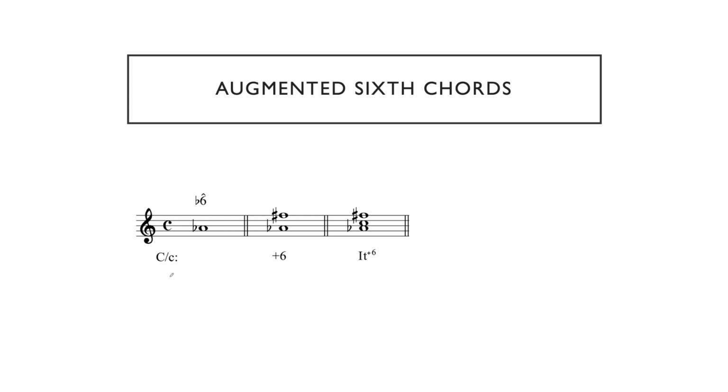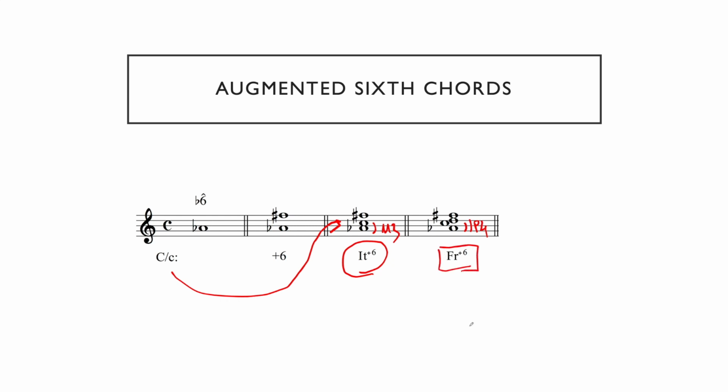Some books, for example Kostka, say if we add the tonic note, we are in C major or C minor, and we add C. Or you can notice that this is a major third here. This is the Italian augmented sixth chord. If we add also the second degree, or you can notice that was a major third and now a perfect fourth, then it is a French augmented sixth chord.